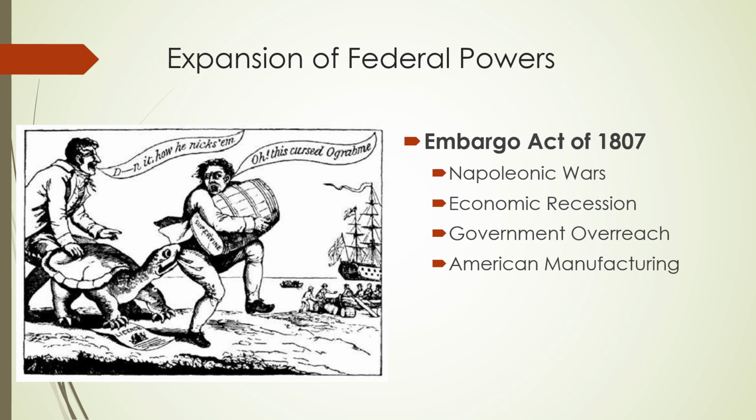During this time, Napoleon is in charge of France, and he's basically trying to take over Europe, and so Napoleon is at war with Great Britain as well as other European nations. In fact, there's this entire coalition of European powers trying to defeat Napoleon.